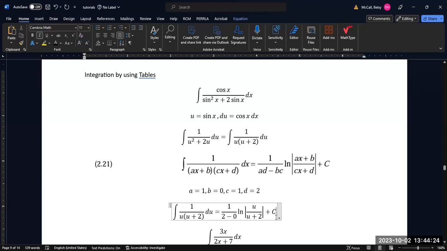Essentially this is a problem that you would solve by integration by partial fractions, right? But now they've already done that for us based on these general coefficients.